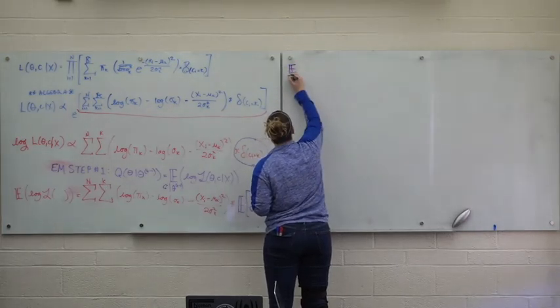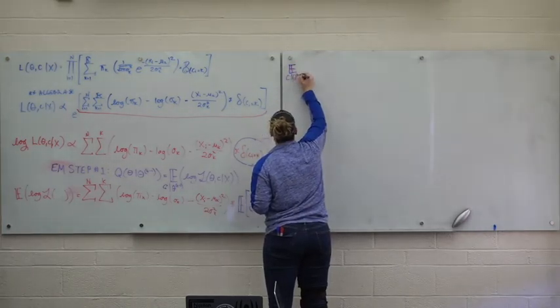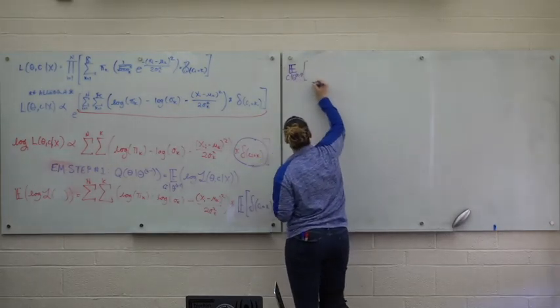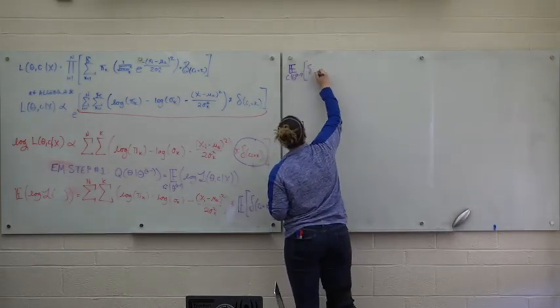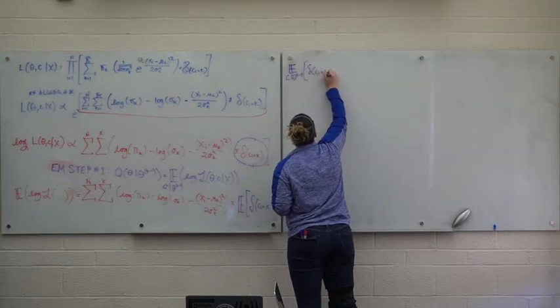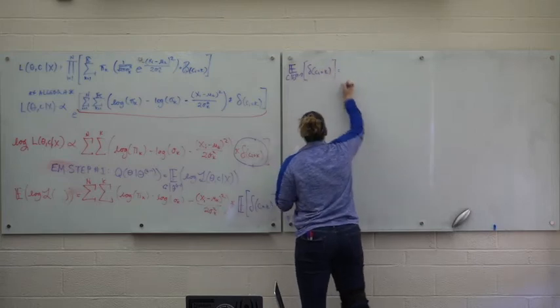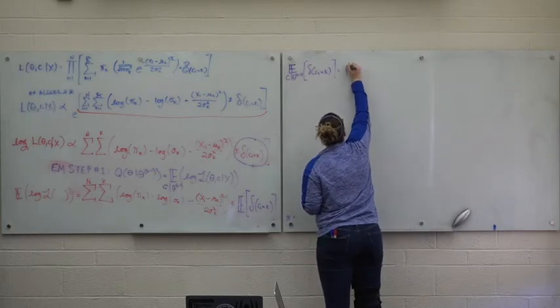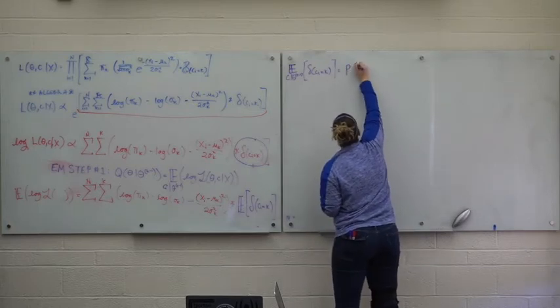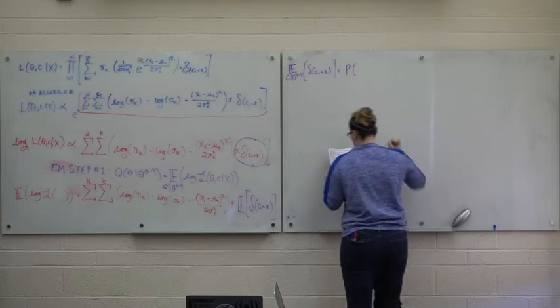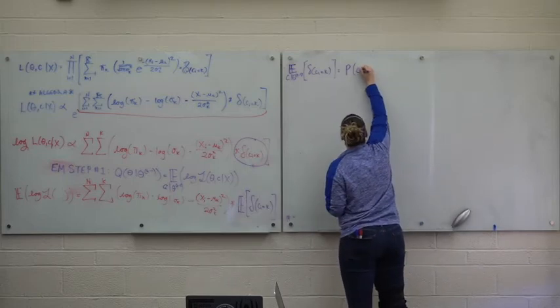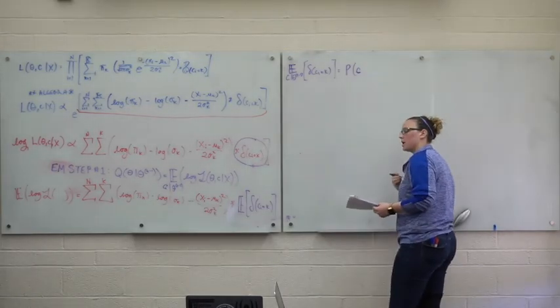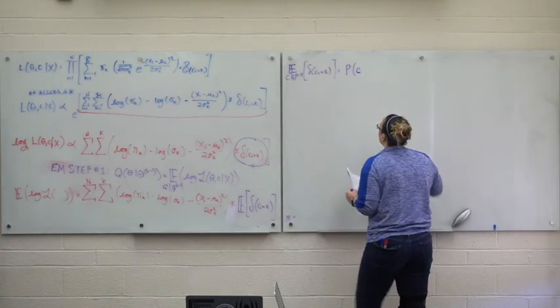Expectation, again with respect to C, trying to be as clear as possible, of our delta, Ci equal to K, is equal to the probability of observing that cluster assignment or that label.